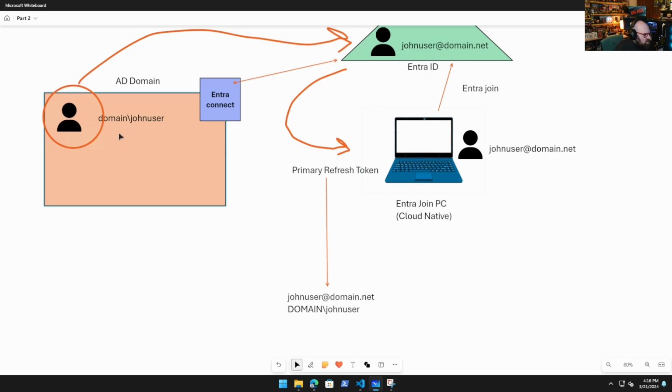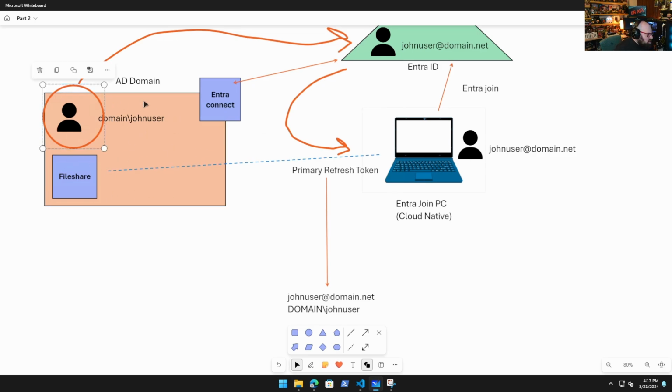So when it goes to authenticate to something, let's take a file share, for example, if I'm on-prem, or if I VPN in, however I can establish that line of sight, even though the PC doesn't exist down there, the user does.